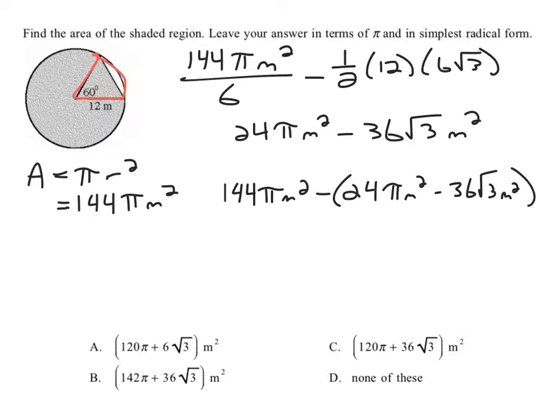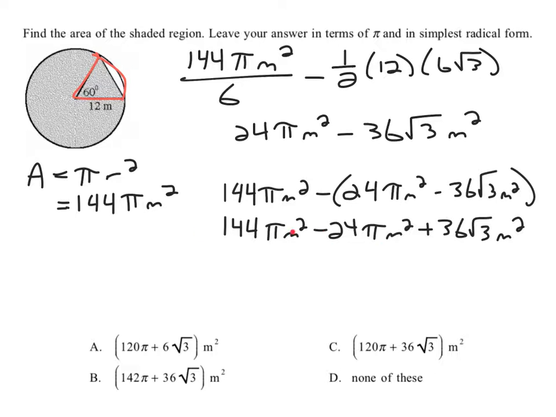Now watch what happens. This subtraction here negates both of these signs, so this becomes minus that, and this becomes plus. Minus and negative is plus. So you get 144 pi meters squared minus 24 pi meters squared plus 36 root 3 meters squared.